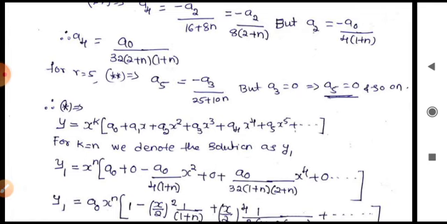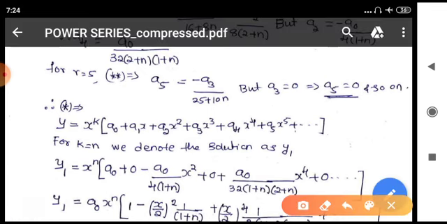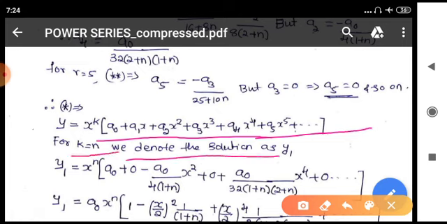So we get y equal to, we have already y equal to x power k into a0 plus a1x plus a2x square plus a3x cube etc. be the series solution of equation 1, we said already. So for first case k equal to n, I will denote my first solution as y1.